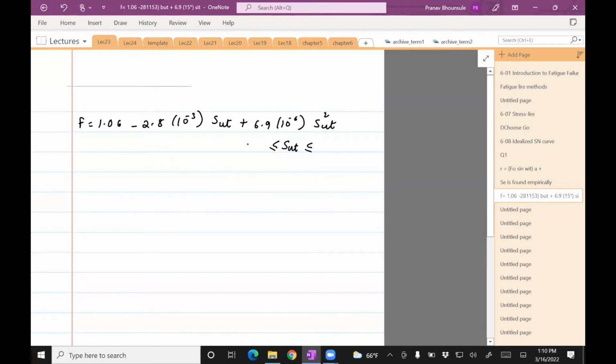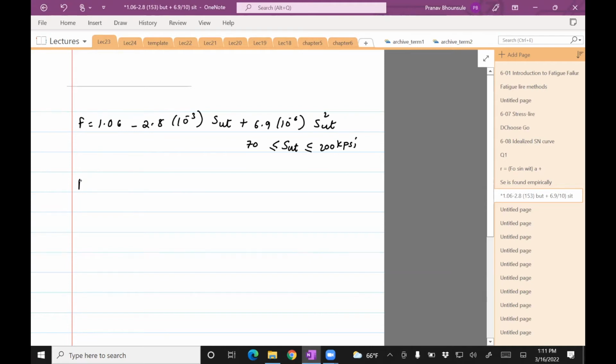This equation has been obtained only when the SUT is between 70 K psi and 200 K psi. So that's the IPS value.